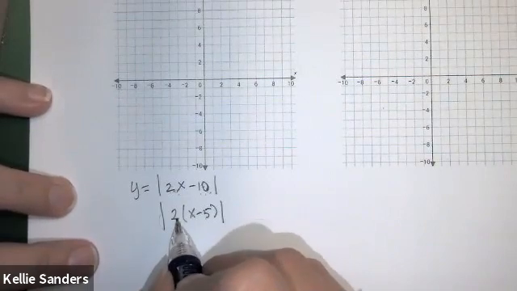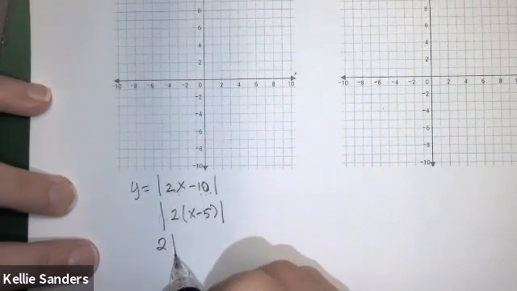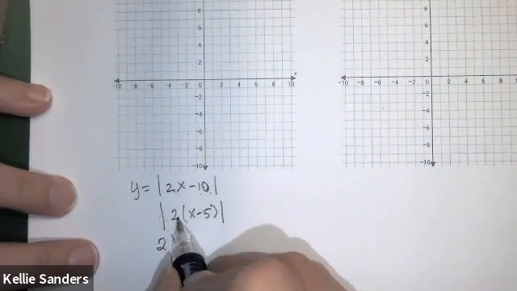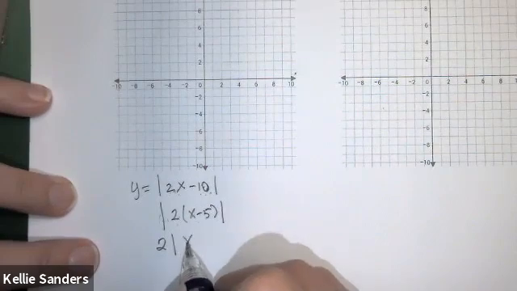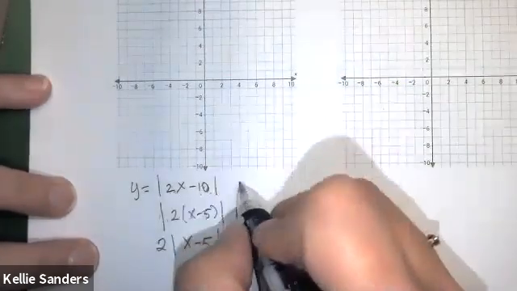Then, whatever this number is, whether it be positive or negative, since it's already on the inside, we're going to take it to the outside and make it positive, because the absolute value of positive 2 is 2. The absolute value of negative 2 is 2. But the x minus 5 is going to stay on the inside. What does that mean?